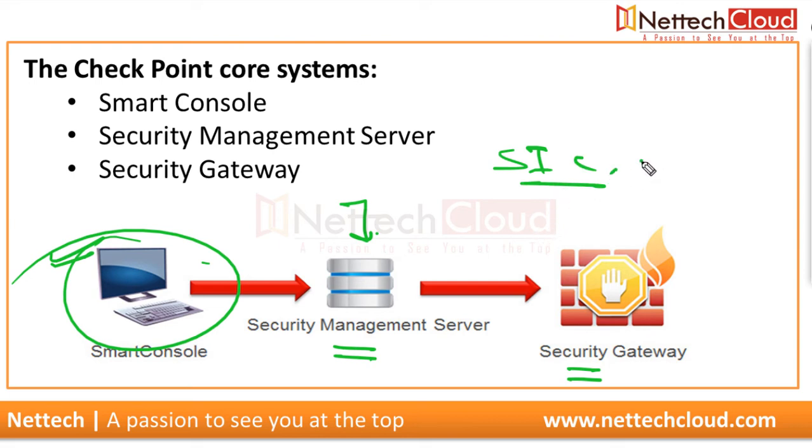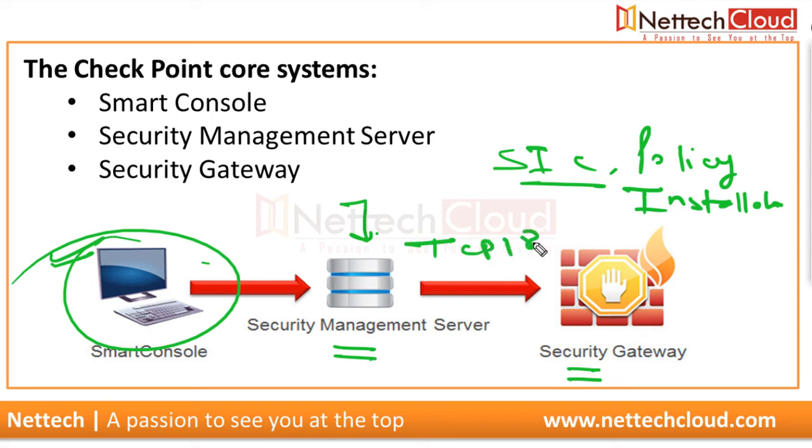So for SIC and policy installation, TCP port 18191 is required here because of the Check Point daemon protocol, CPD 18191. If there is no SIC, policy cannot be installed. So one of the communication ports here is CPD, that is Check Point daemon protocol, TCP 18191.